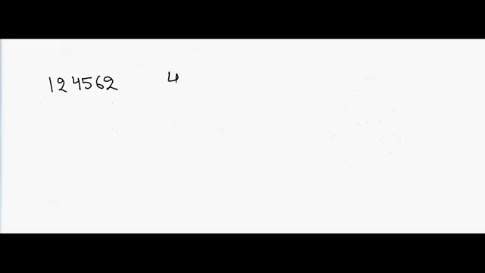In that case I have to look at the last 2 digits and check whether they are evenly divisible by 4. So 62, if we try to divide 62 by 4, I get 15 and 2 is left over. So that is not evenly divisible by 4, and this number cannot be evenly divided by 4.